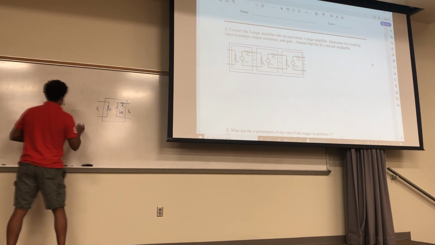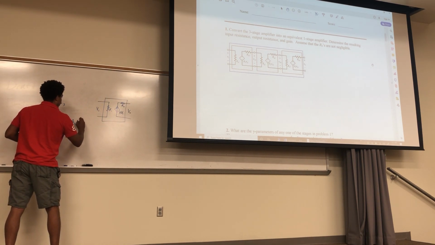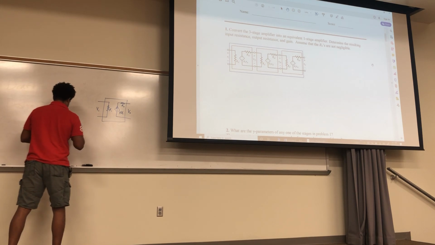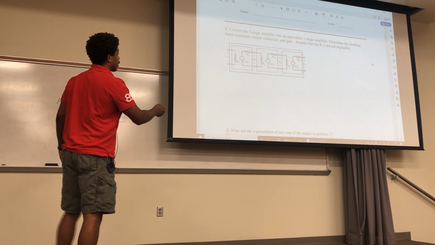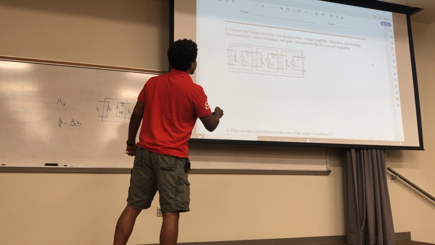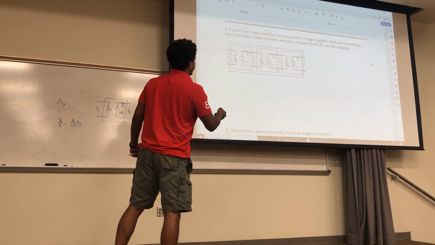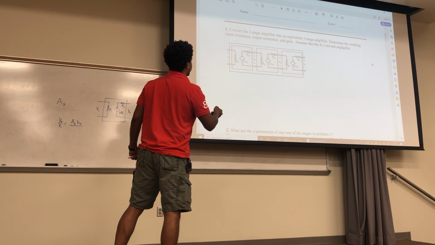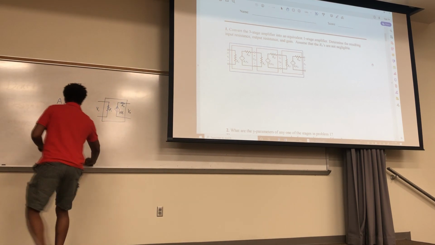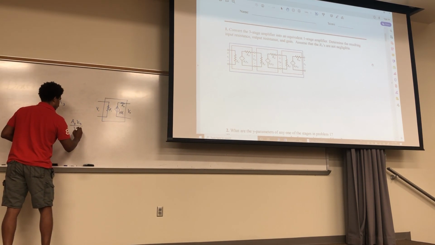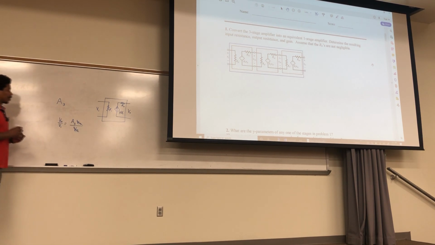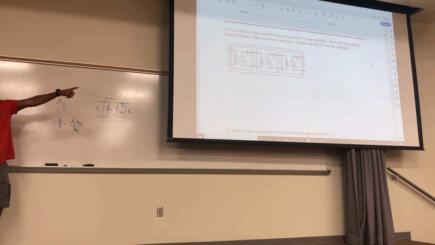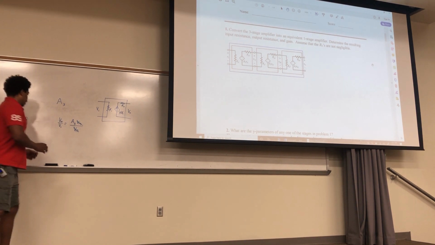And of course, over your input, well, your input is just this right here, which is just your VI3. These cancel out, and so output over input is just A3. That's how it is on the first one.